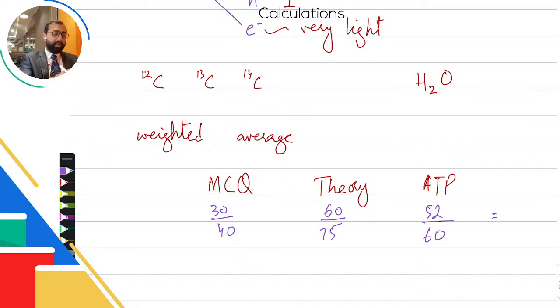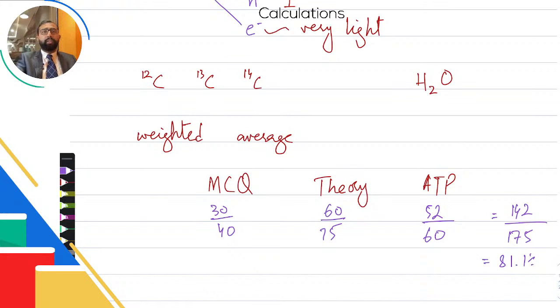So we add 30 plus 60 plus 52, that is 142, and divide by the total, which is 175. And then we will know what the average is going to be, right? Let me get the calculator. So we have 142 divided by 175 times 100%, that is 81.1%. So that's the score of this student, right?